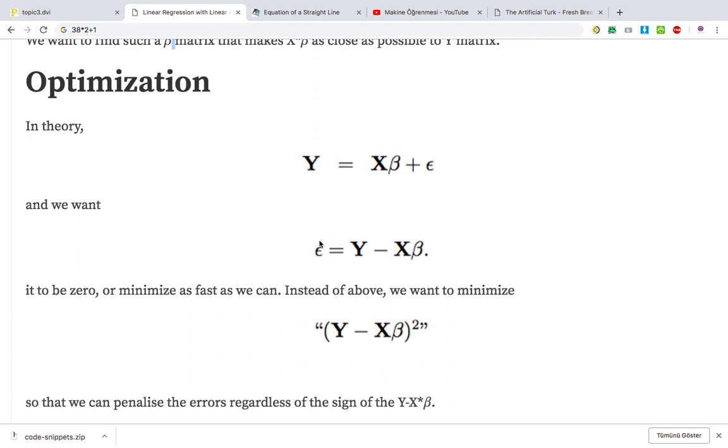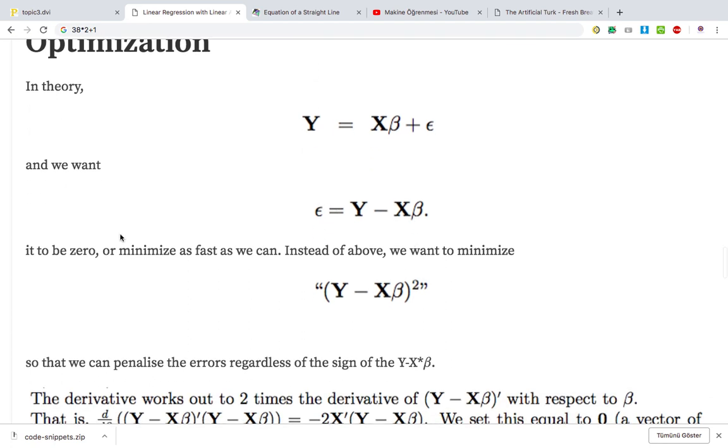Epsilon we call randomness, but it also stands for the error. So our error is y minus x multiplied by beta, and it should be 0, and we need to minimize it as fast as we can. And instead of the above, we want to minimize y minus x beta squared.